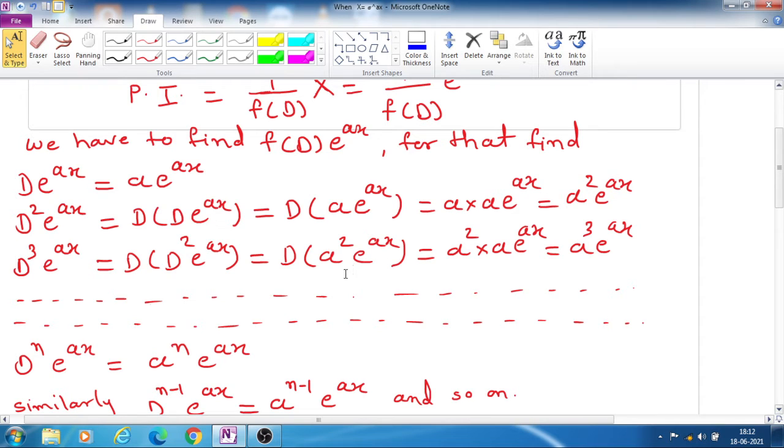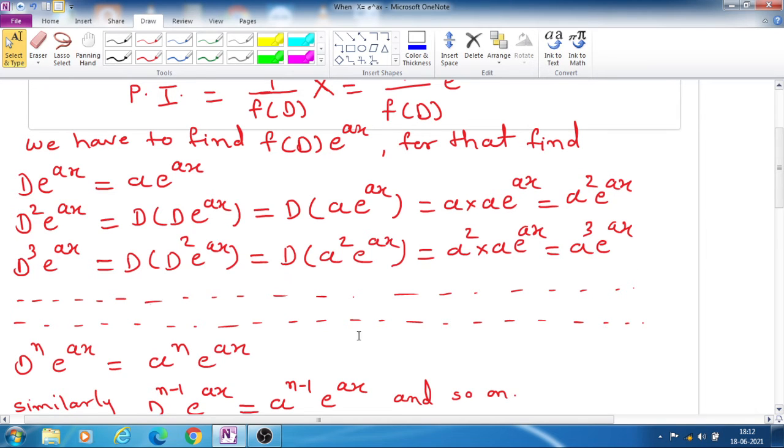So the derivative of a square e raised to ax is a square constant as it is, into a square into the derivative of e raised to ax, again it is a into e raised to ax. Now a square into a becomes a cube, so D cube of e raised to ax is equal to a cube e raised to ax.